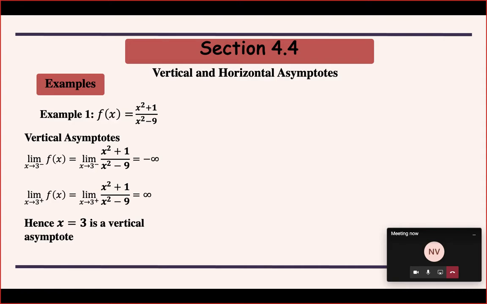When you take x tending to 3 plus, you are close to 3 but bigger than 3. In that case again, the denominator is smaller and smaller, but it is positive, so your expression becomes infinite. In both cases you have infinite limits: one is minus infinity, one is plus infinity. So this gives you a vertical asymptote.